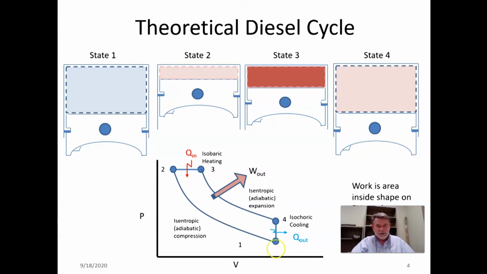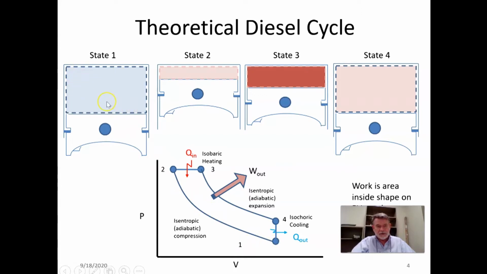So basically what is happening during this cycle is that here you have some fresh air admitted in the cylinders, and you have a compression. You compress the air and you get to 2. That process is a diabatic compression. Diabatic meaning there is no heat transfer, and that is represented here in state 1.